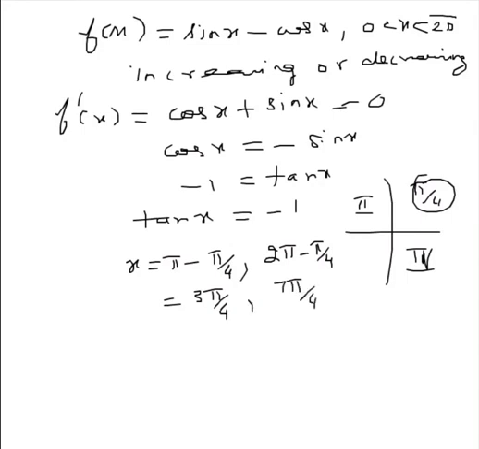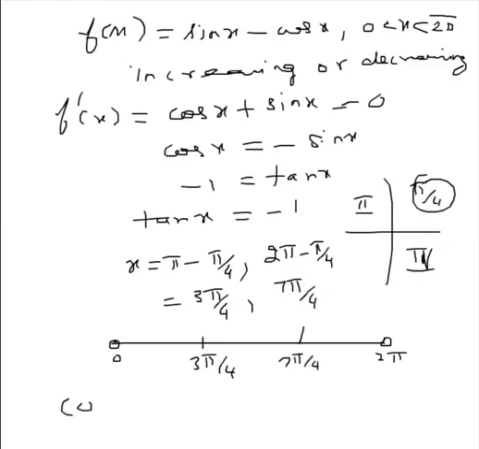So I have to split the domain. The domain endpoints 0 and 2 pi are not included, open interval. So 3 pi by 4, 7 pi by 4. I am writing the intervals, that is our second step.